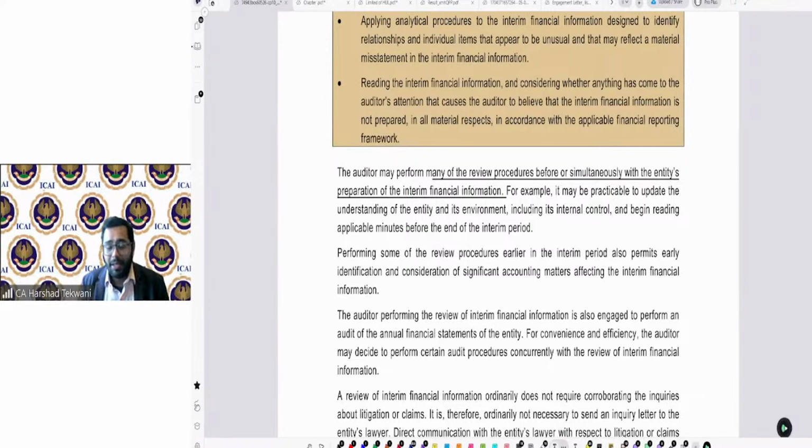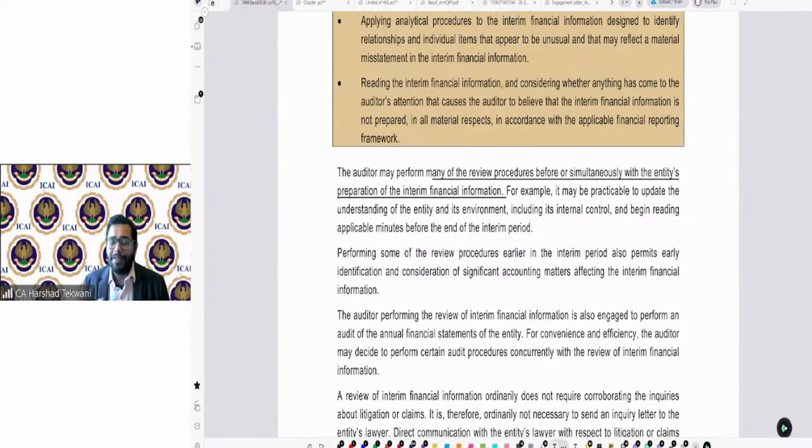In those cases, let's say for example, 30th September ended. Now I need to report on the quarter ended 30th September. Management started preparing in October. So let's say I have a deadline to report by 12th of November. Now management will start preparing, so I have a limited period. If I have a limited period, I cannot wait for management to prepare their financial information, give it to me, and then I perform all the procedures. It will be too late for me.